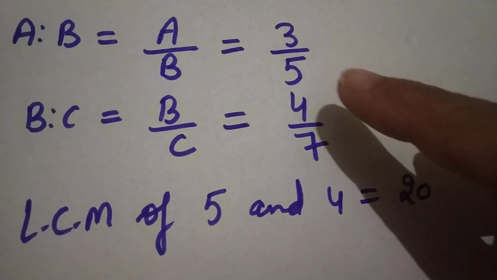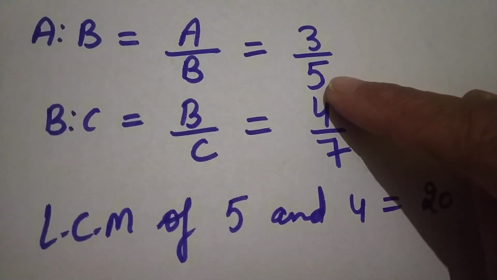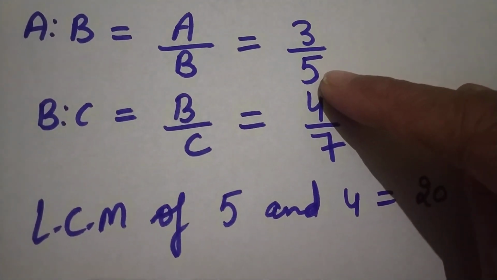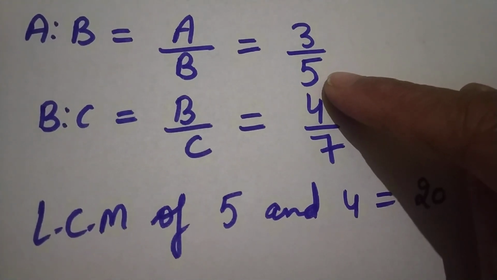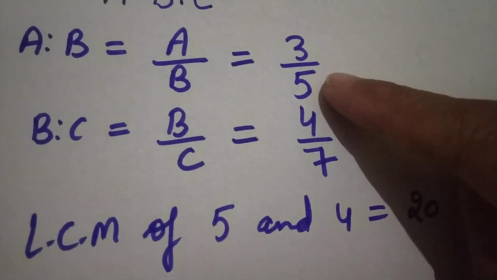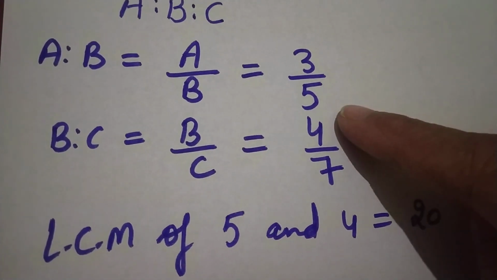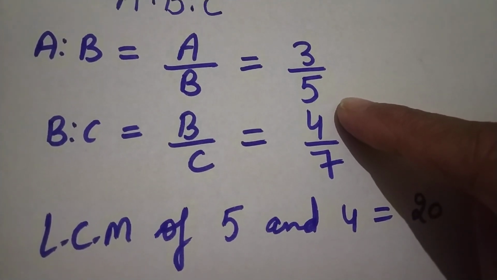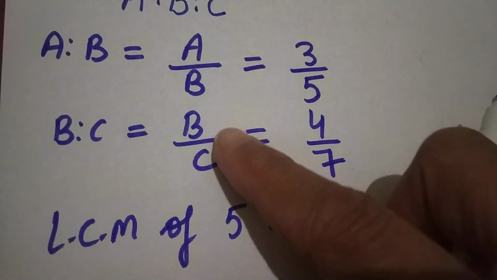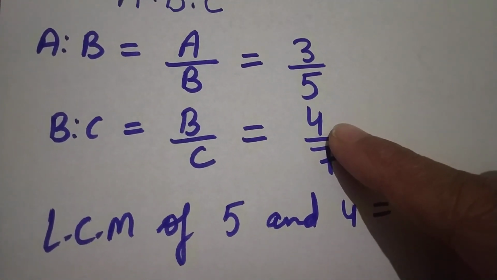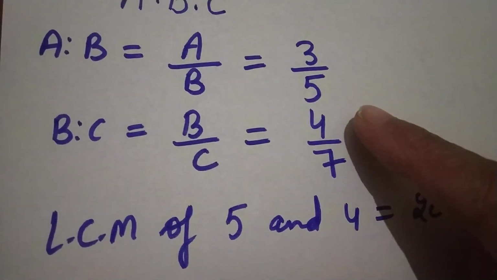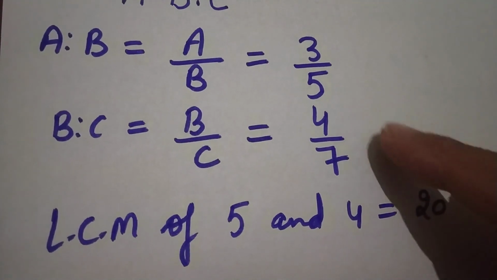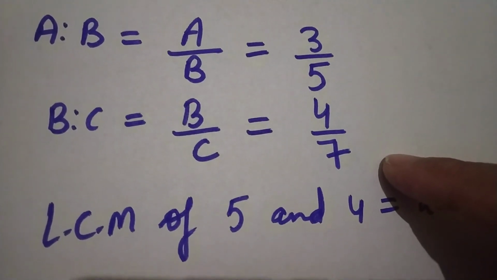Now we have to make B equal to 20. So we will multiply both numerator and denominator by 4 so that we get denominator 20. Similarly in the next, we have to make the numerator 20, so we multiply both numerator and denominator by 5.